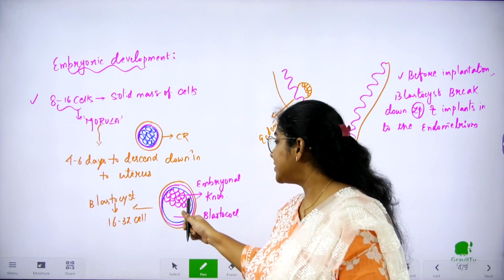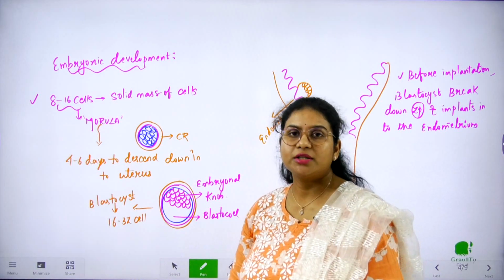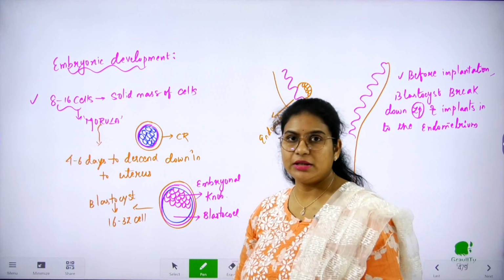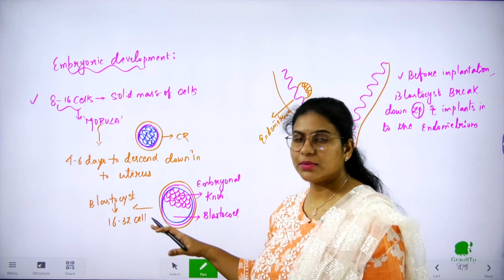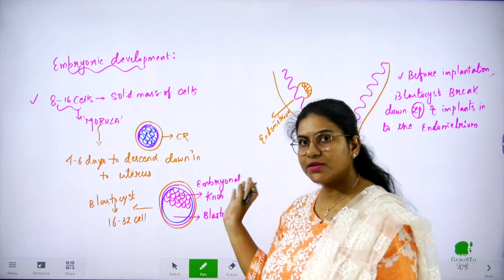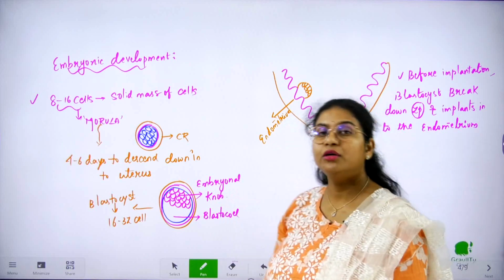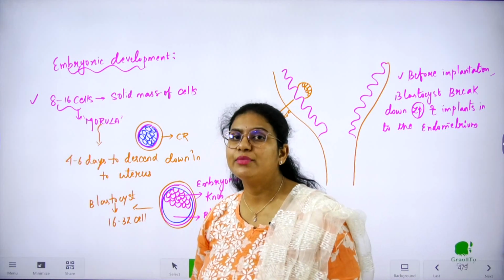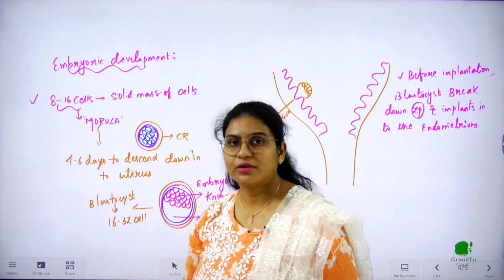Guys, this ball of cells are totipotent cells. They can give rise to any kind of cells in the body. Those are totipotent cells, the blastocyst cells. So whenever the blastocyst breaks into two pieces during this liberation, two embryos will be formed, and those are identical embryos. That is how identical twins are formed.